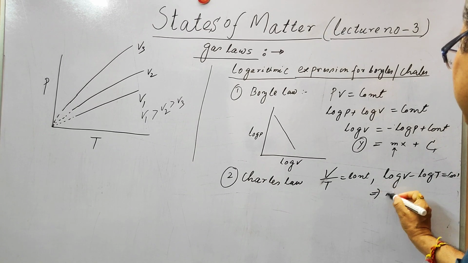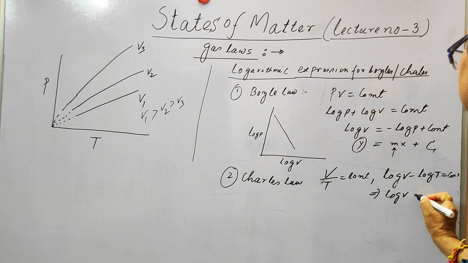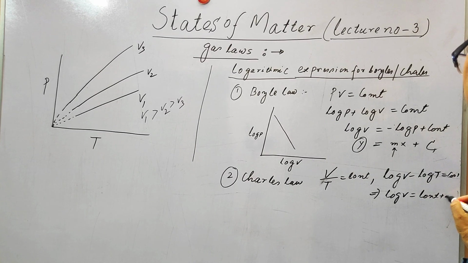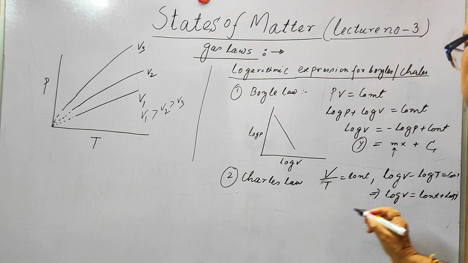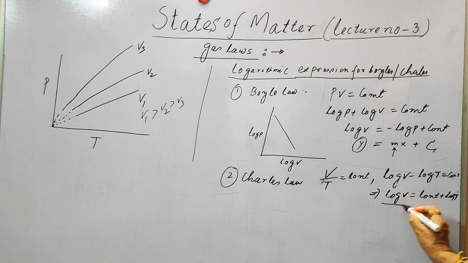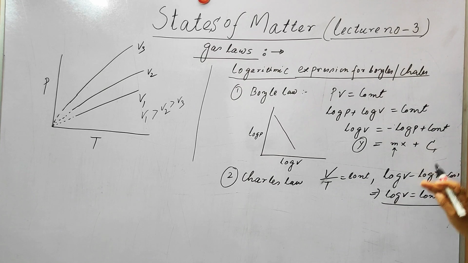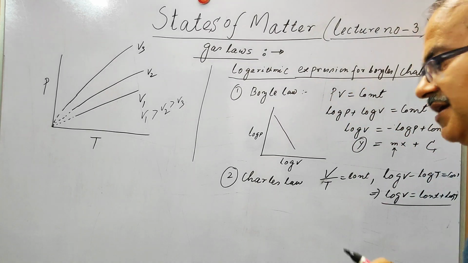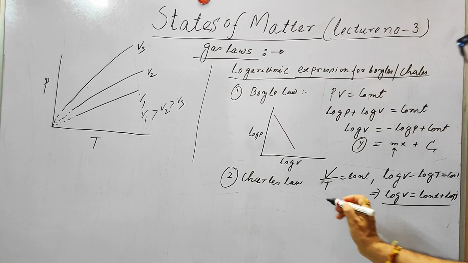So we can write log V is equal to constant plus log T. Here also you can see that this will be a straight line, but the difference from Boyle's law is that it will have a positive slope.